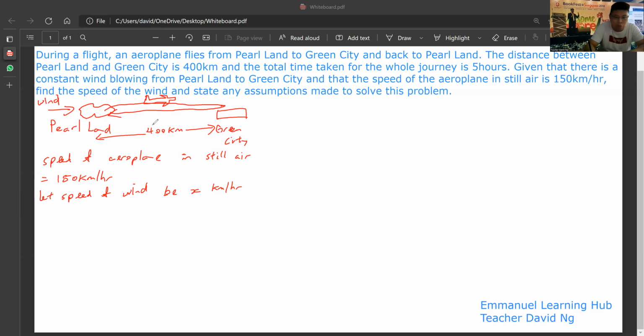So the actual speed that the aeroplane is traveling from Pearland to Green City would be 150 plus x.